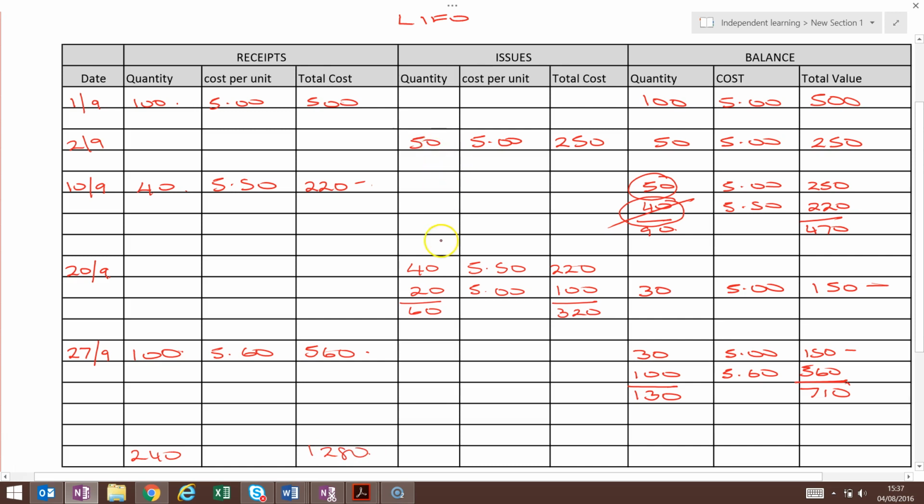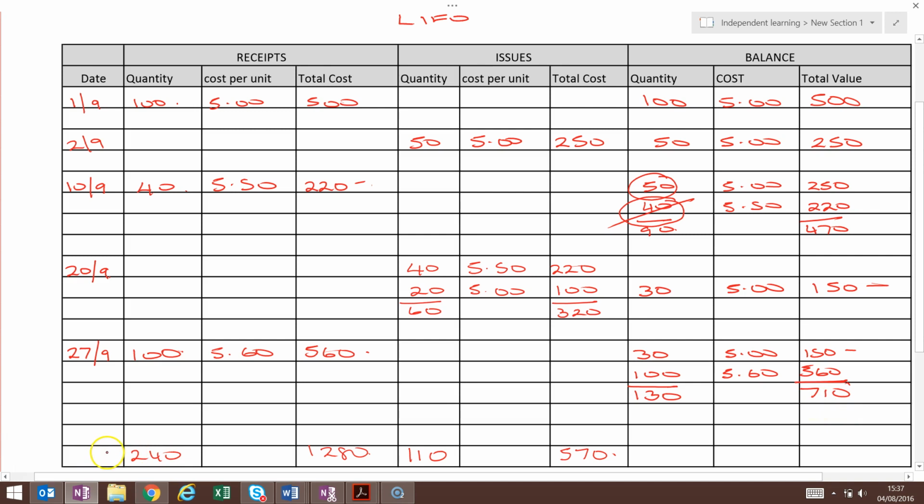Issued column 50 plus 60, 110. 250 plus 320, 570.